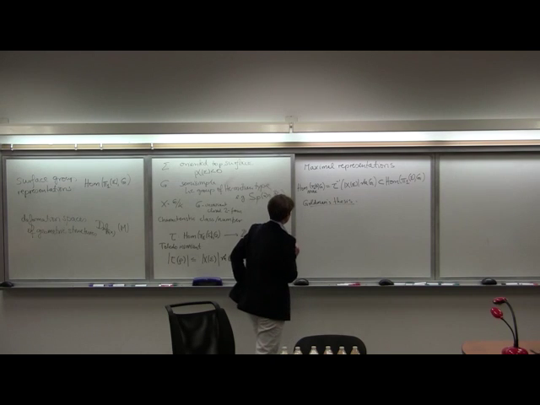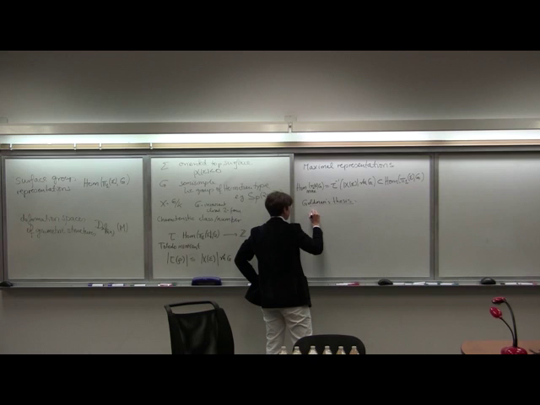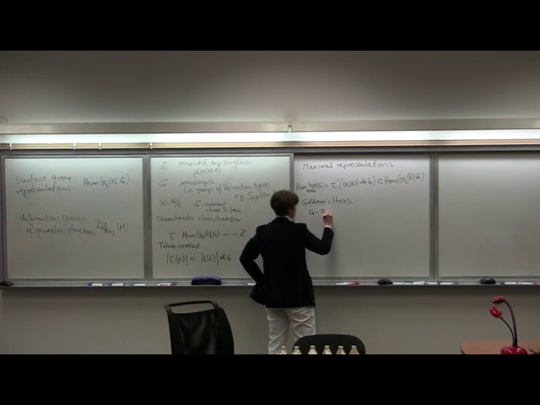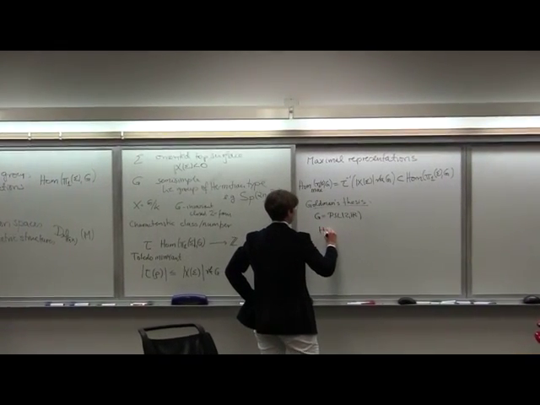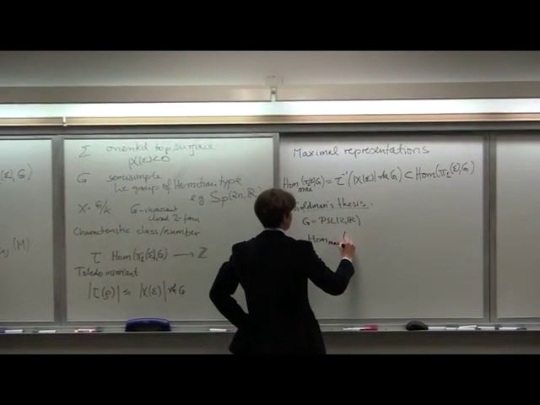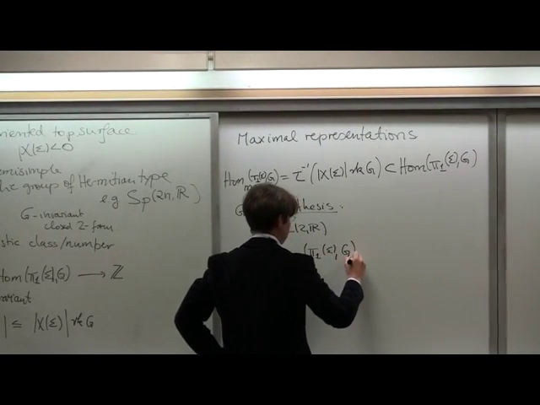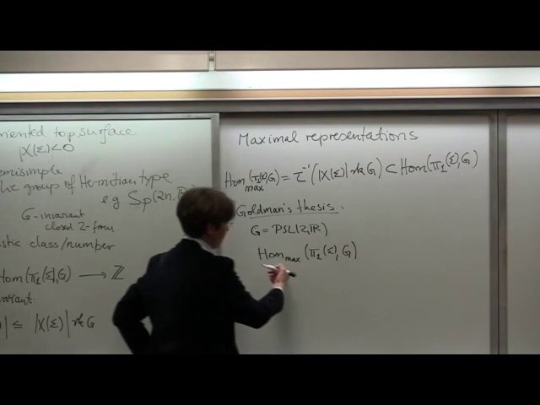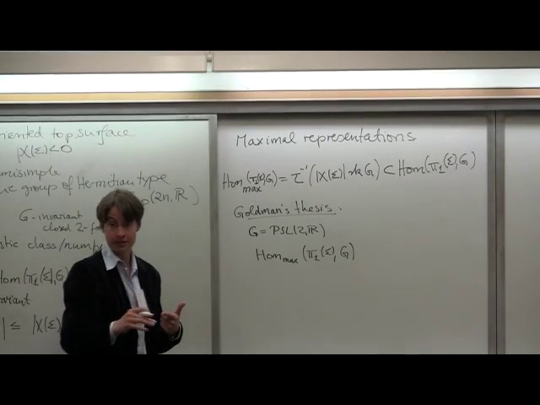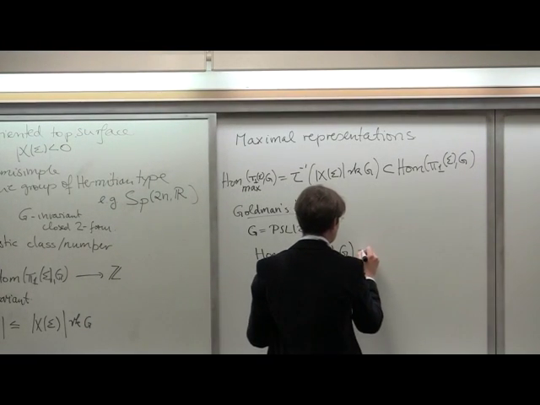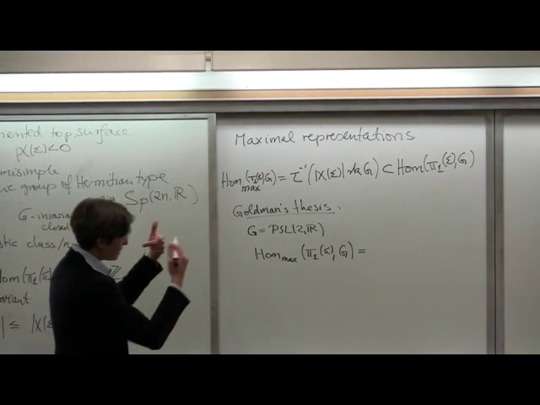So he proved several things, and I just want to highlight two of them. If G is PSL2R, then the set of maximal representations consists of representations which are discrete and faithful and preserve the orientation of the surface. Here we can say a bit more about that.